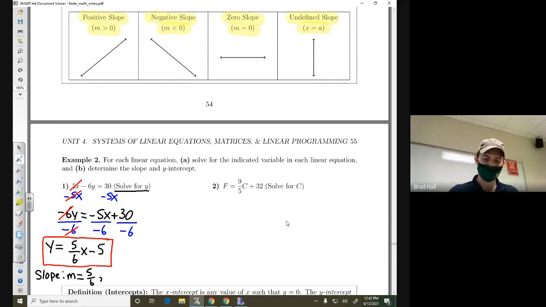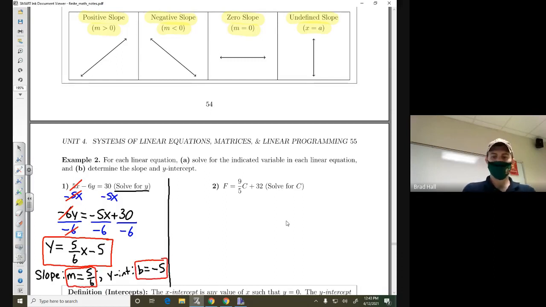And the y-intercept is, well, the other number that's off to the side there, the -5. So that would conclude this problem.